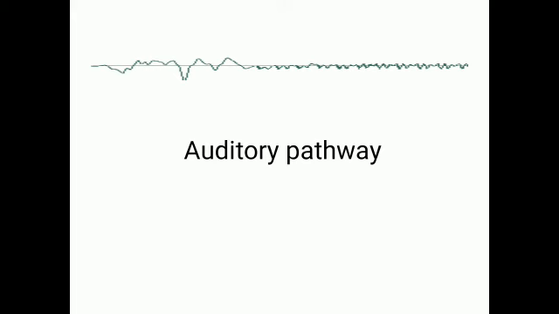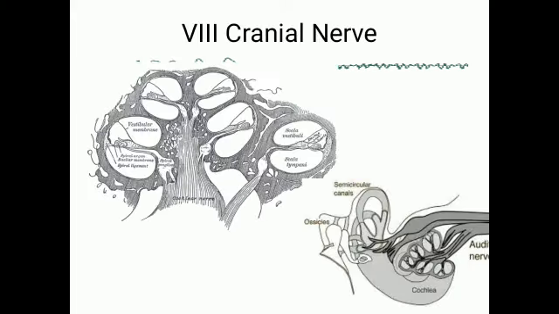So now we come to the auditory pathway. I told you afferent fibers arise from the hair cells in the organ of Corti, and they have the cell bodies in the spiral ganglion situated in the modiolus, and the axons of these neurons in the spiral ganglia form the cochlear division of the 8th nerve, that is the vestibulocochlear nerve.